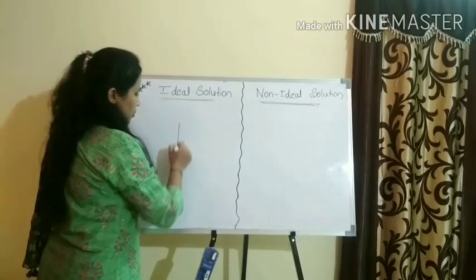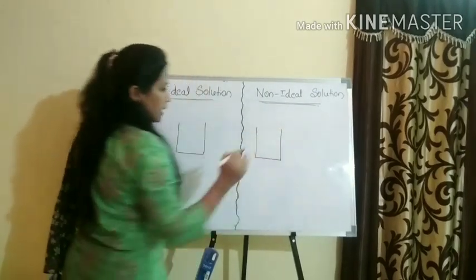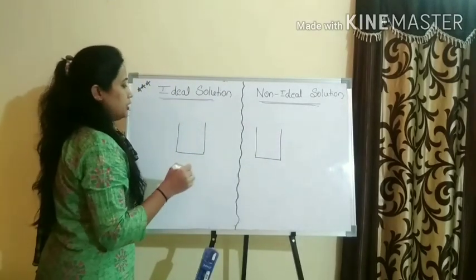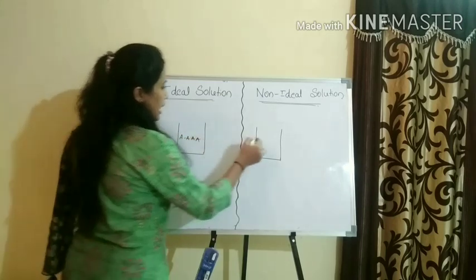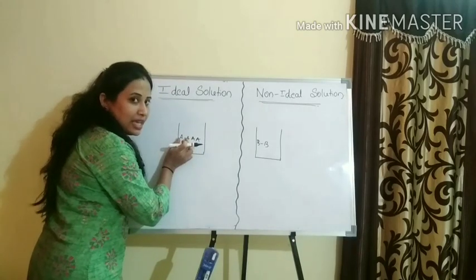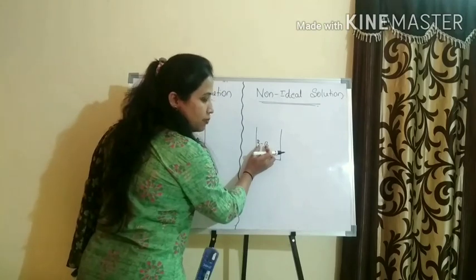Let us take a component A and a component B. Component A consists of only A molecules, so the interaction of AA molecules will be there. Similarly, there is an interaction of BB molecules.